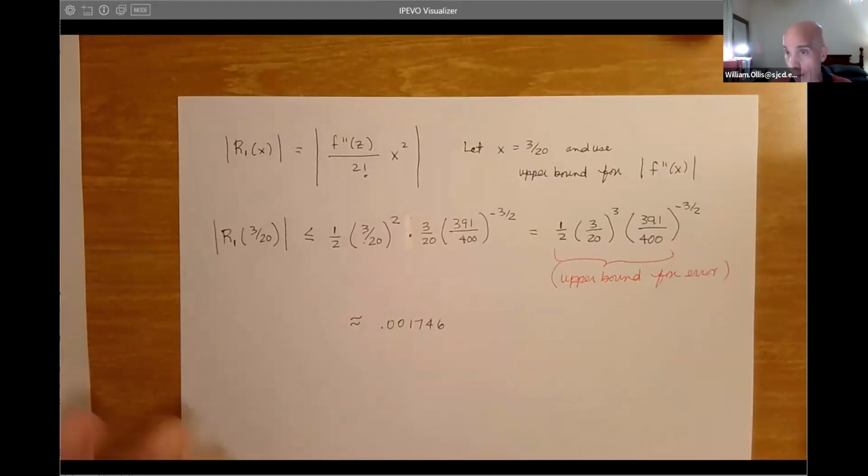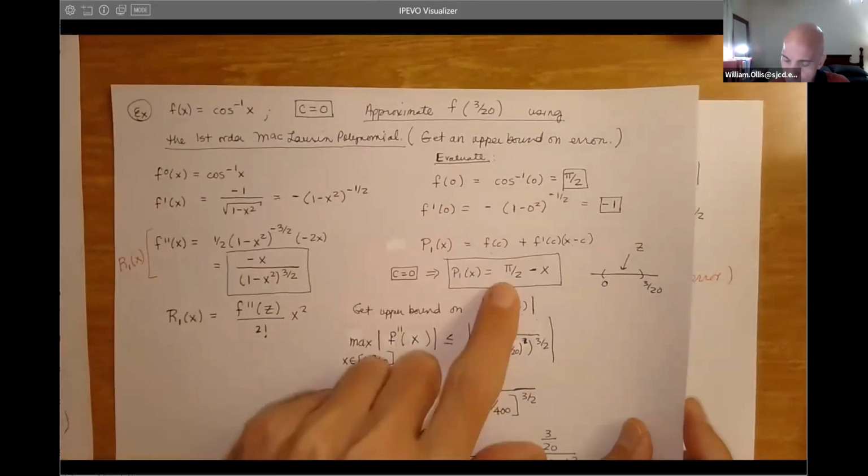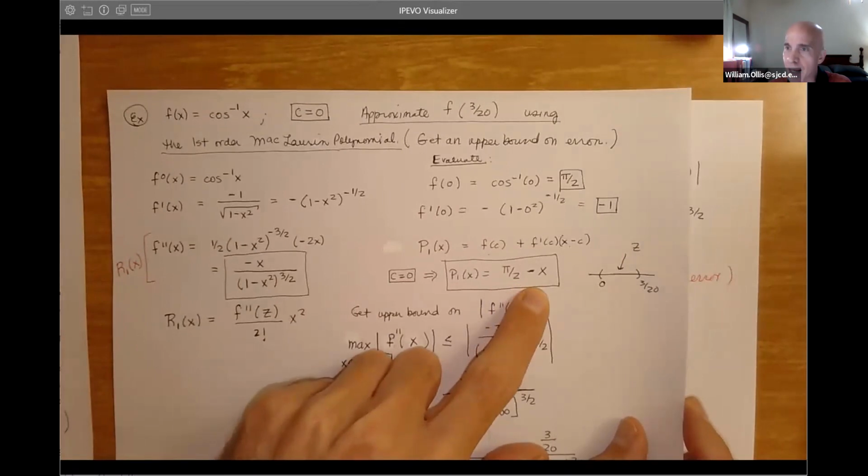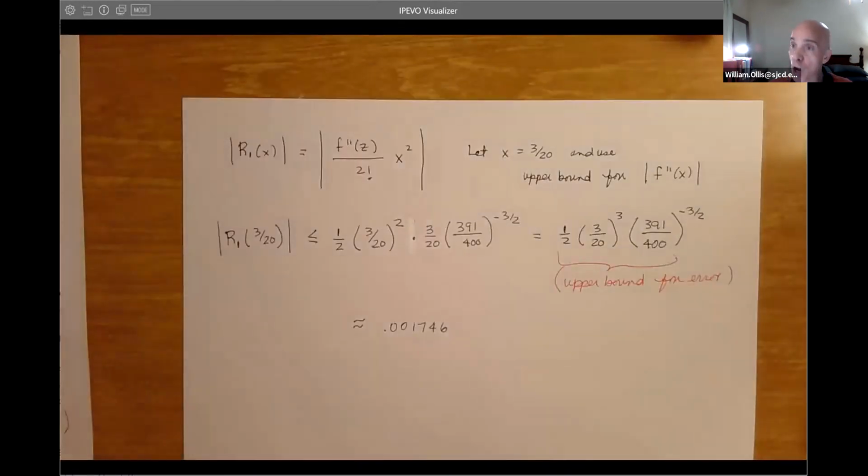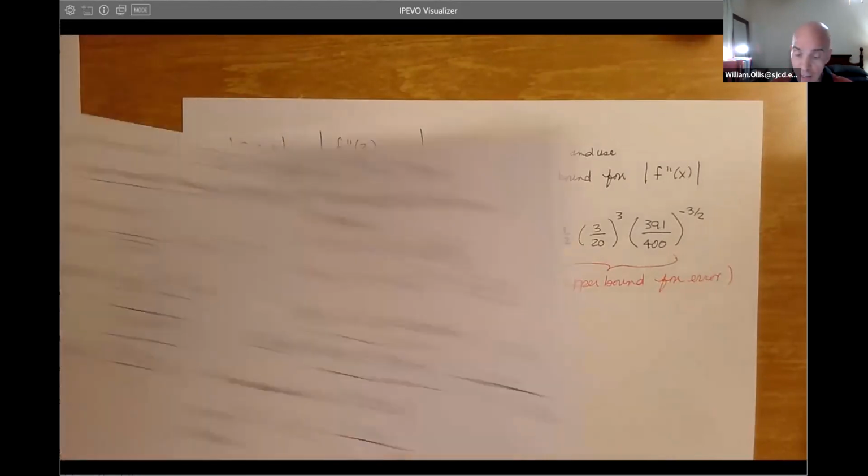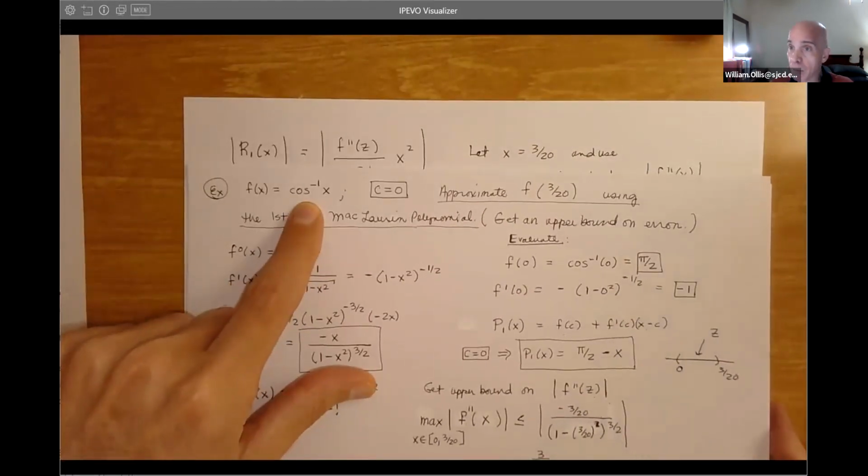So we're thinking, wow, we'll take it. So with the first degree polynomial, which is just this simple guy right here, the Maclaurin pi over 2 minus x, if that's all we need for our calculations, we can see this is complicated.